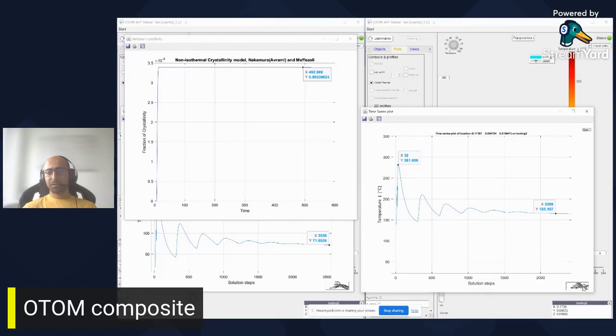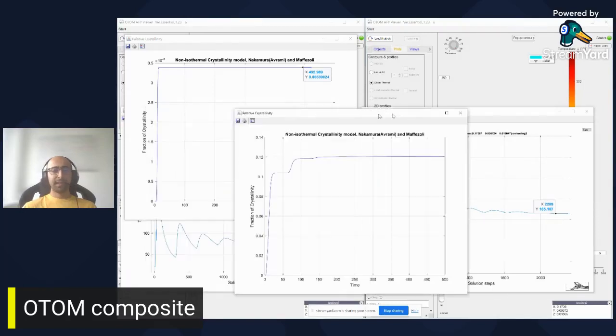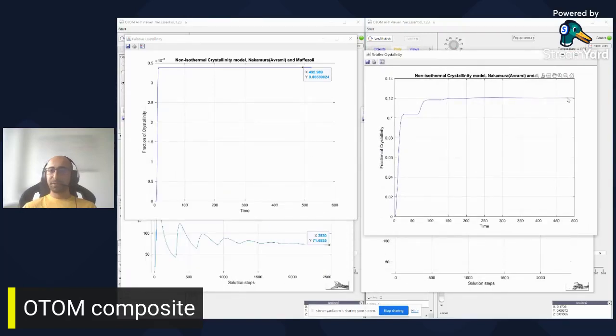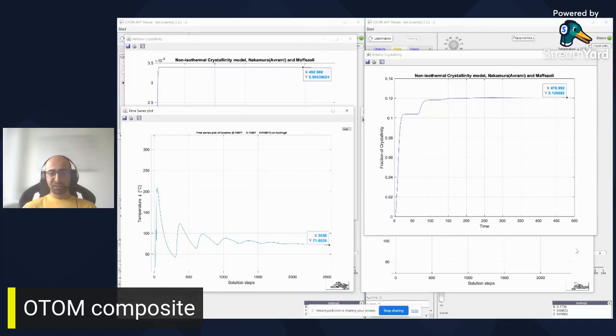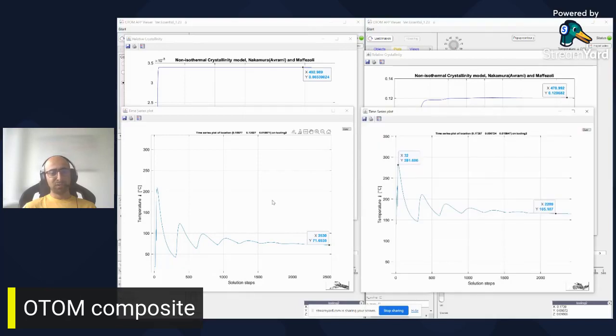And how about the right side, using the 140 degrees Celsius? Again, we got a little bit more, around 0.12 as a fraction of the crystallinity. So this is for this layer, which does not go close to the melting point, so the material is not so liquid as to give time for the crystallinity evolution.